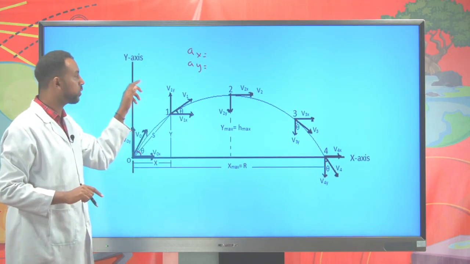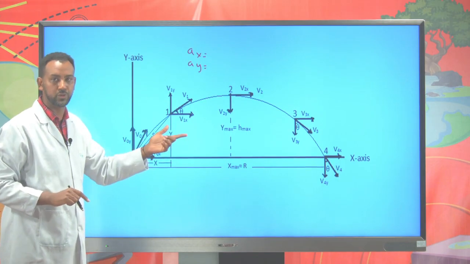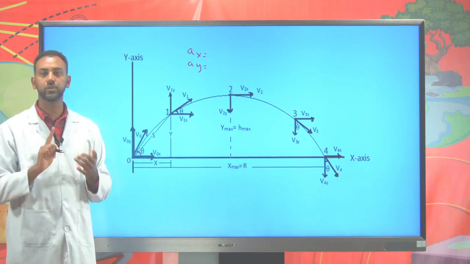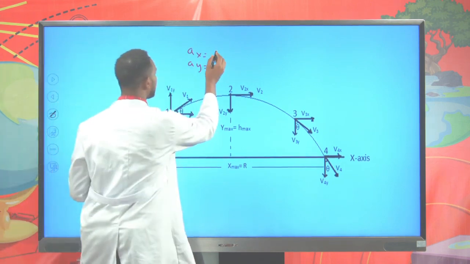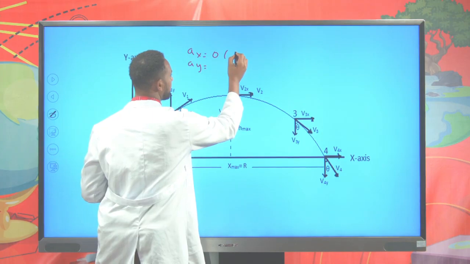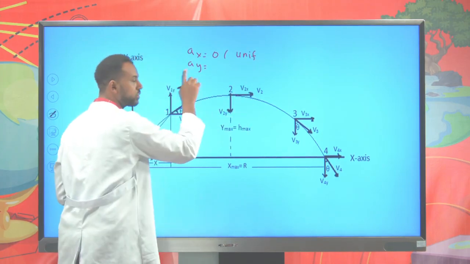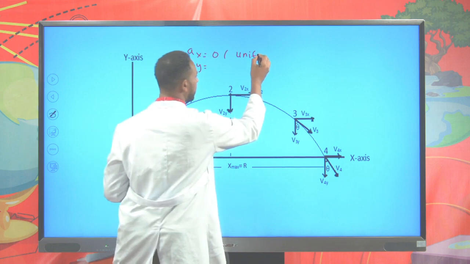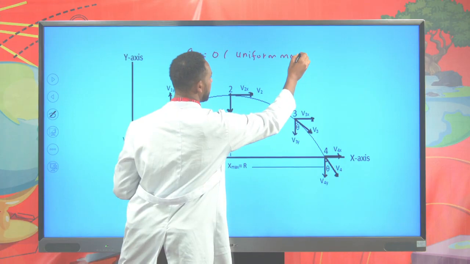The horizontal component of a projectile motion is uniform motion. And previously we said that uniform motion has zero acceleration. Therefore, the horizontal component of acceleration is zero, because the horizontal component of projectile motion is uniform motion. Keep this in your mind.